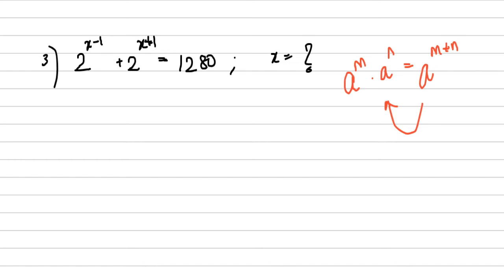Why? Because when you do that, you will get some common term between 2 to the power x minus 1 and 2 to the power x plus 1. So let's see how we can proceed. You could write 2 to the power x into 2 to the power minus 1, then plus 2 to the power x into 2 to the power 1.